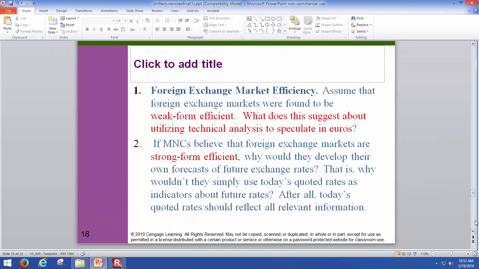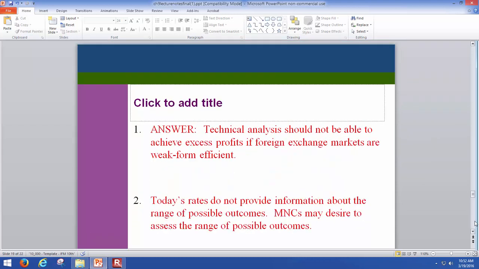So if that is true, why should companies even bother to forecast the exchange rates? The reason is that today's exchange rate or today's forward rate gives you only one number. Because you are trading perhaps in millions of dollars or even billions of dollars, you want to have more confidence. So you want to look at all the possibilities and then make some decisions.